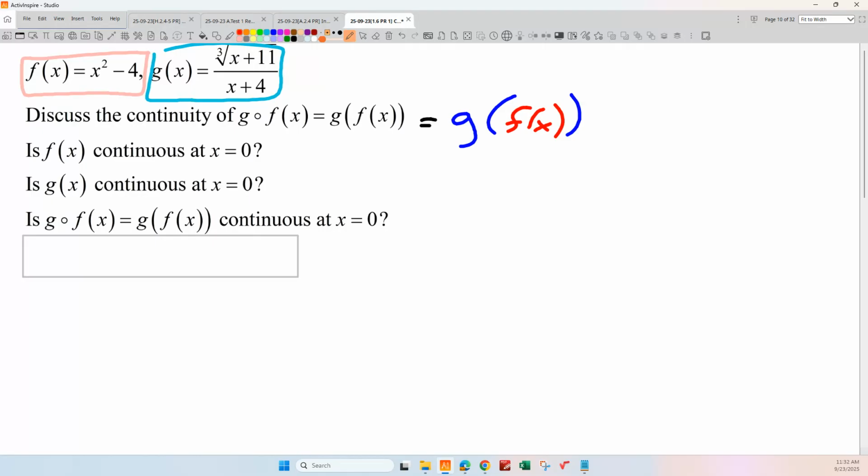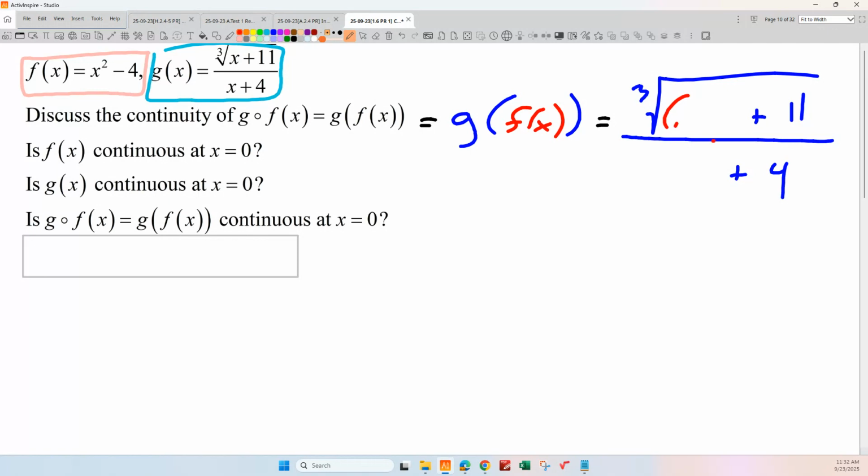G of the quantity x plus 4 would be that with x plus 4 substituted for x's. G of f of x would be that with f of x's where the x's are. So the blue level looks like this: cube root of something plus 11 divided by something plus 4, and that something is x squared minus 4.